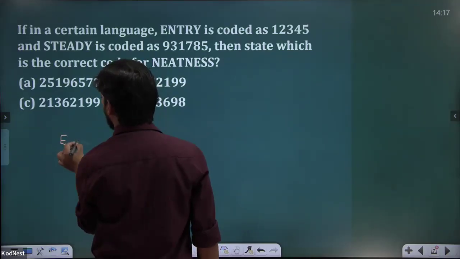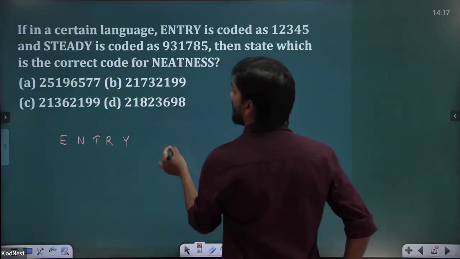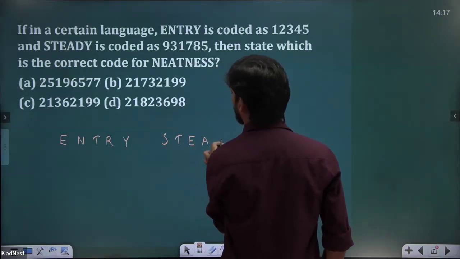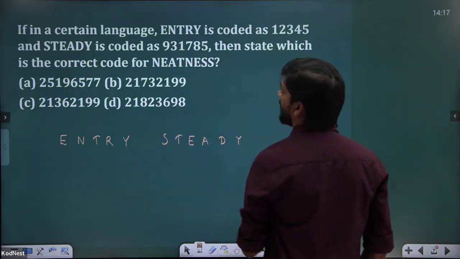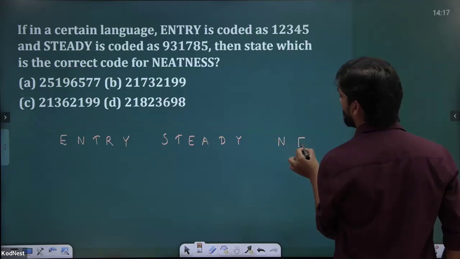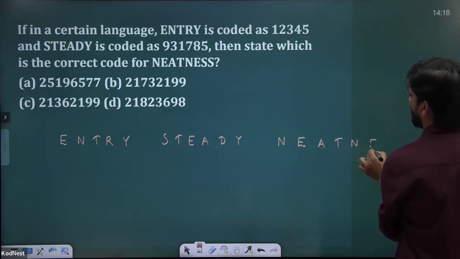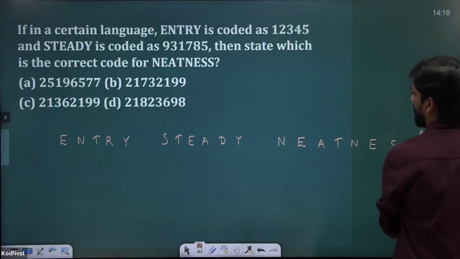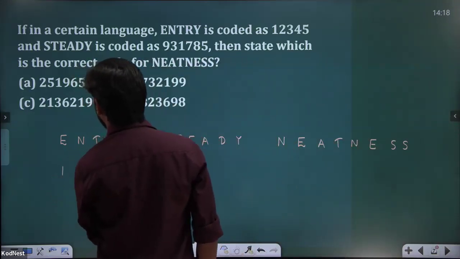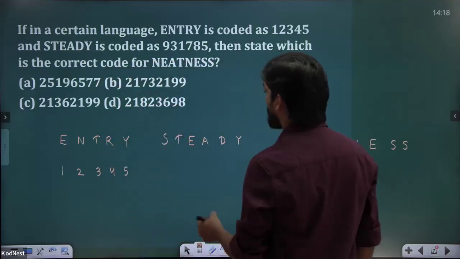So, we have entry, then we have steady, then we have neatness. 9, 3, 1, 7, 8, 5.